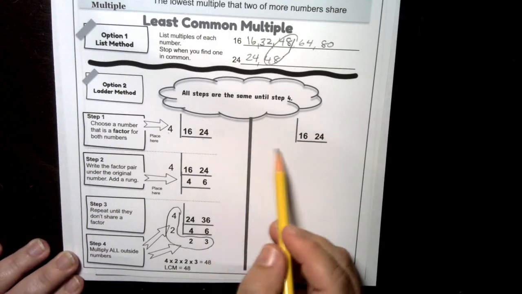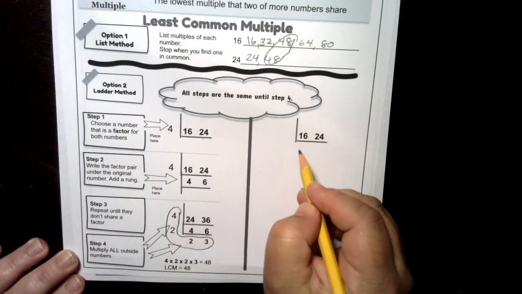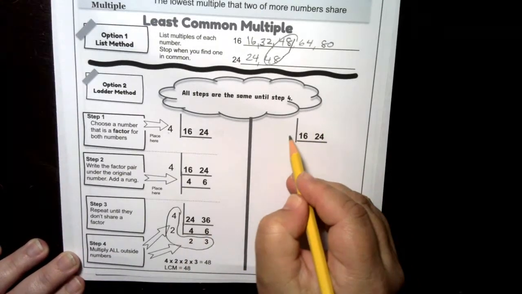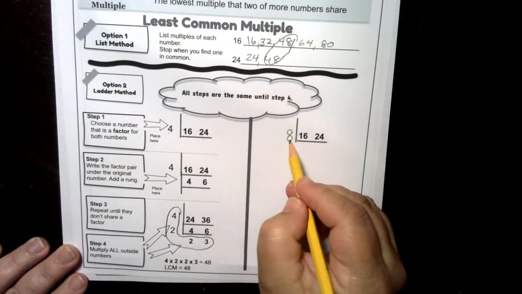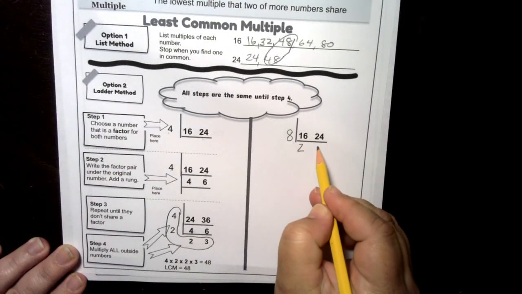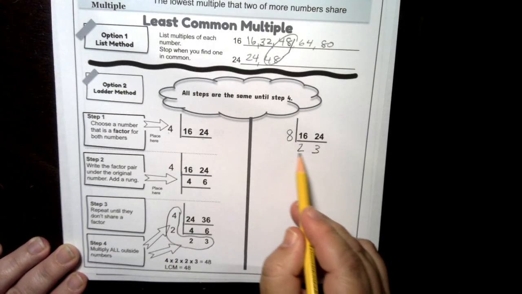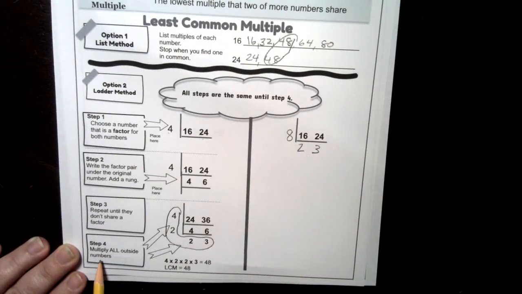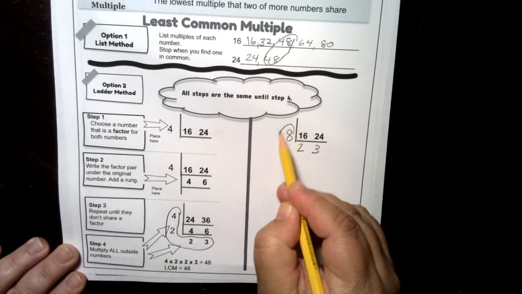Okay? Just like before, we're going to practice because I didn't have to choose a 4. I could have factored out a different number. Maybe I look at these two numbers and go, oh, you know what? 8 is a common factor. 8 times 2 gives me 16. 8 times 3 gives me 24. 2 and 3 don't share a factor, so now I'm down to step number 4, which is to multiply my outside numbers.